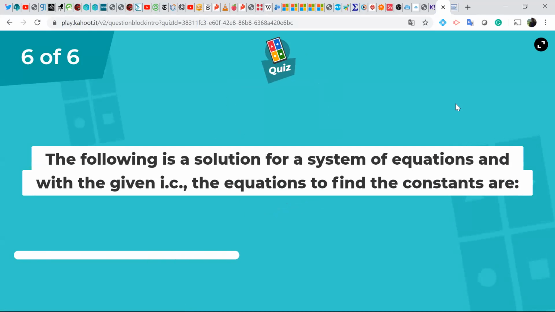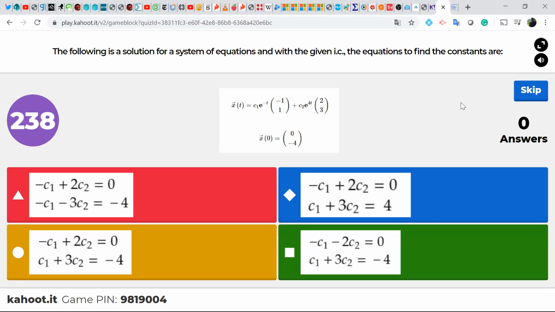So we have the following as a solution for a system of equations, with the given initial conditions. The right equations to find the constants are... So you have the solution, a matrix equation, and you have the initial conditions.